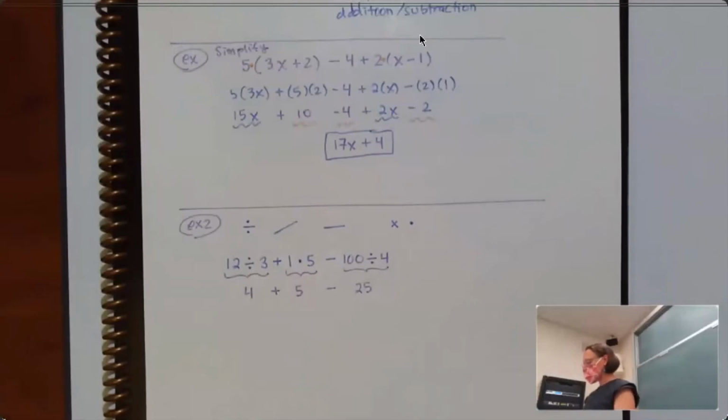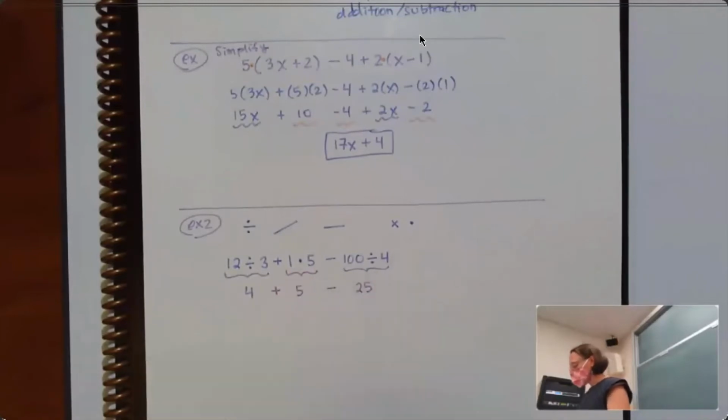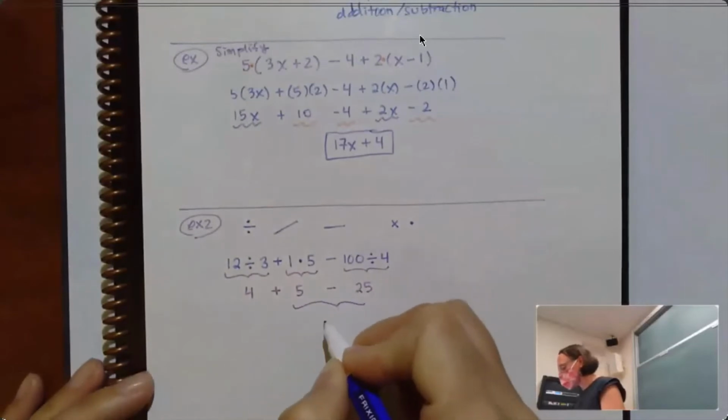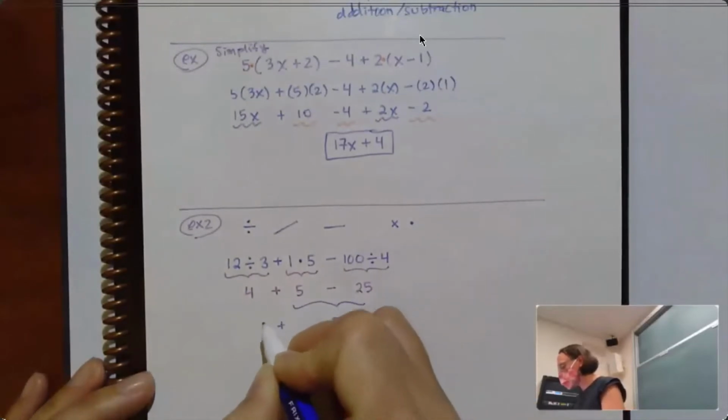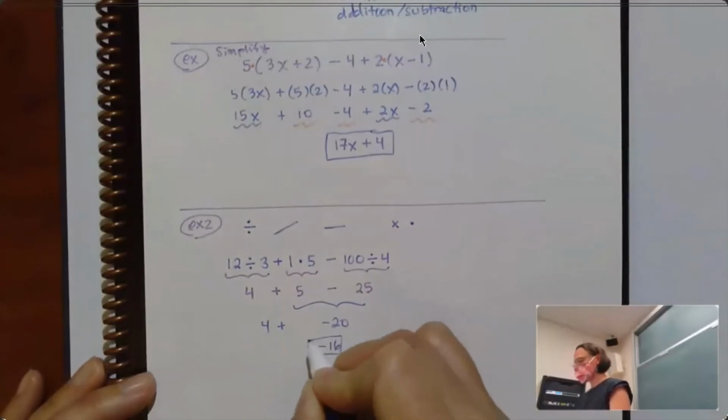But this I would expect you to simplify because the numbers are fairly nice. So I would look at this and say, well, 5 minus 25, I've got way more of the negative stuff than the positive stuff. My result's going to be negative. 5 minus 25 is going to be negative 20. And I would do this as negative 20 and then add the 4 to end up with negative 16.